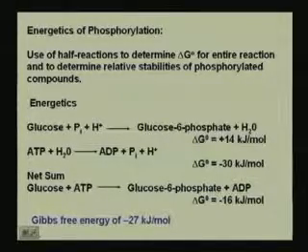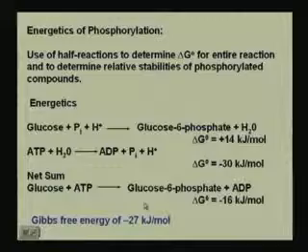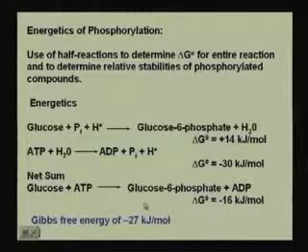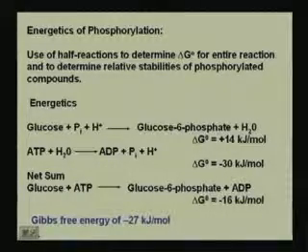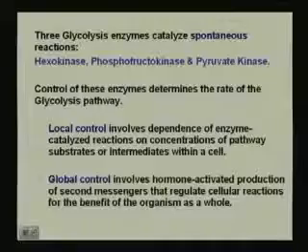Okay. So that would be how you would actually calculate the energetics of every step of glycolysis. Okay. We can calculate the energetics associated with every step of glycolysis and find an overall energetics associated with this.